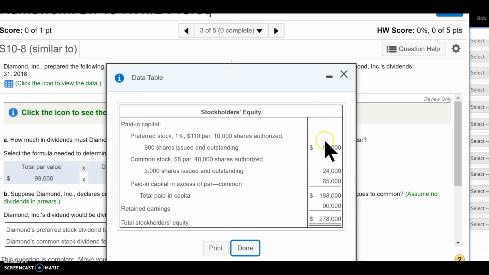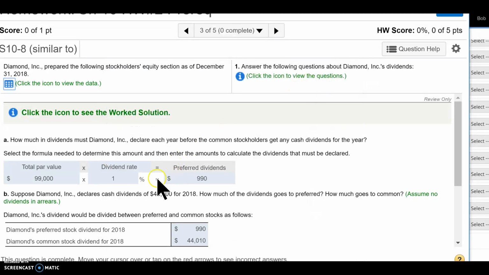We pay 1% dividend each year for that. So 1% of 99,000 is $990. That's the preferred dividend. And basically, as it indicates here, that's the amount of dividend that must be paid before common can start receiving dividends, because the assumption is cumulative.